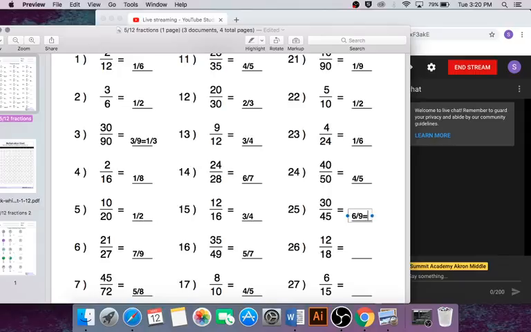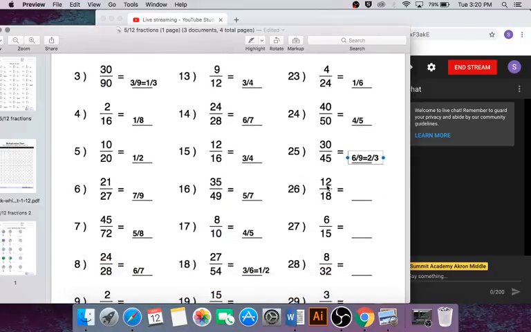But that's not in simplest terms because 3 goes into both 6 and 9. 3 goes into 6 2 times, and 3 goes into 9 3 times. So it's 2/3 because 15 is actually the greatest common factor for these two numbers. 15 times 2 is 30, and 15 times 3 is 45.